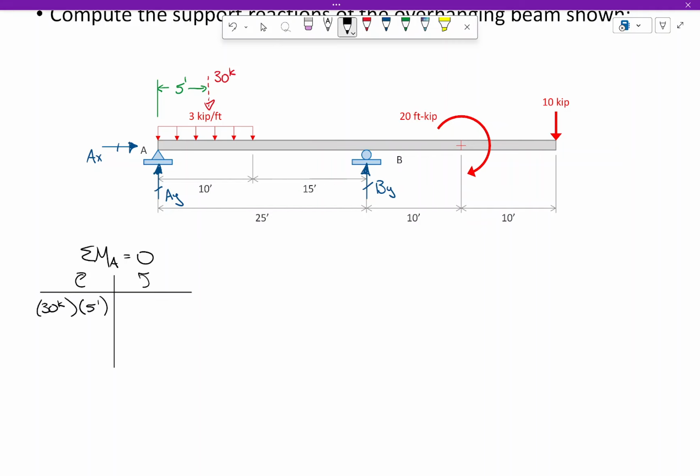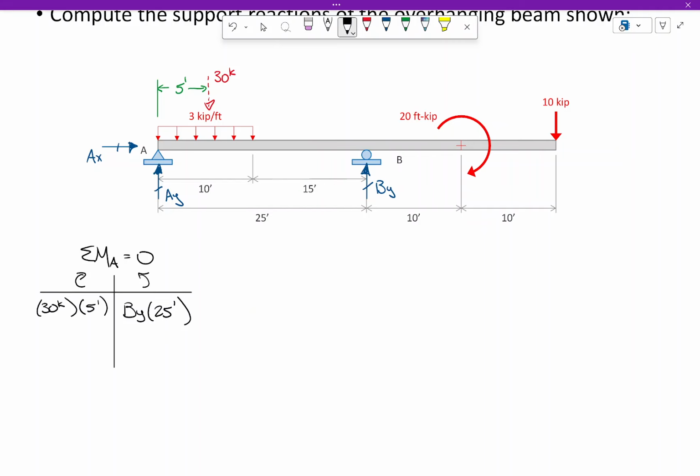Does BY generate moment? Yes. Which side of the table, left or right? Right, and that's going to be a moment arm of 25 feet. So we'll put BY times 25 feet.